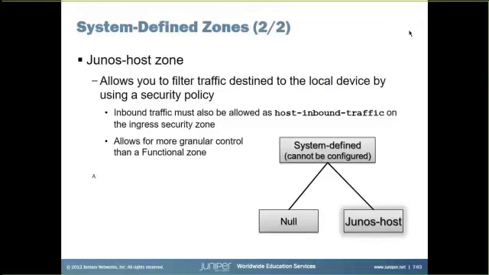So you will see in a few minutes that there's different ways to control traffic terminating into your SRX. The host-inbound-traffic is one of them. You can also configure a security policy from any zone to the Junos-Host zone. And you can actually have the two things configured at the same time. So you can be blocking traffic terminating into your box in 3 or 4 different places within your configuration.